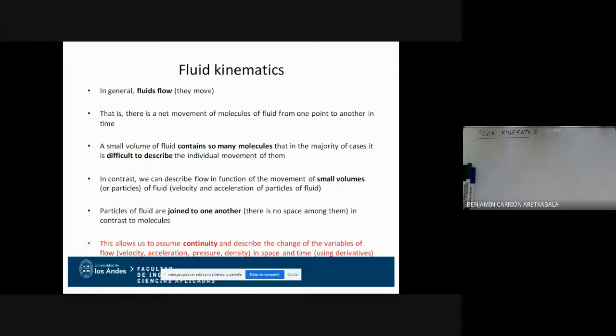Water is just a collection of molecules, and we know molecules are not joined to each other, but these parcels of fluid do touch each other, and we can assume that the properties of each of these little parcels change smoothly from one position to another. That's what's called continuity.